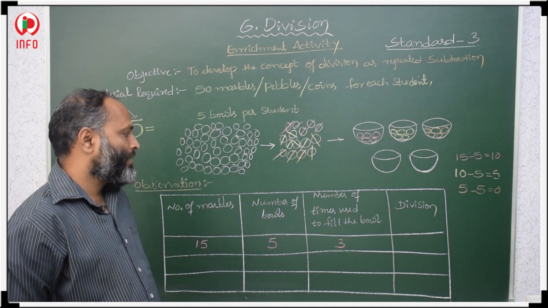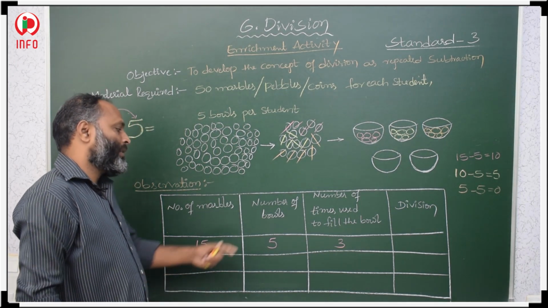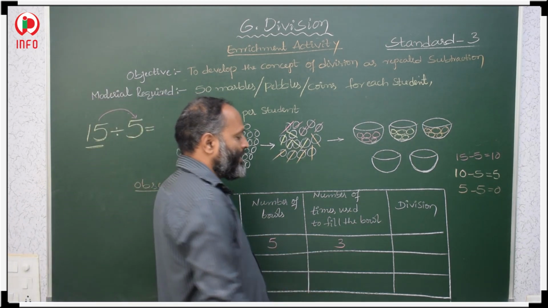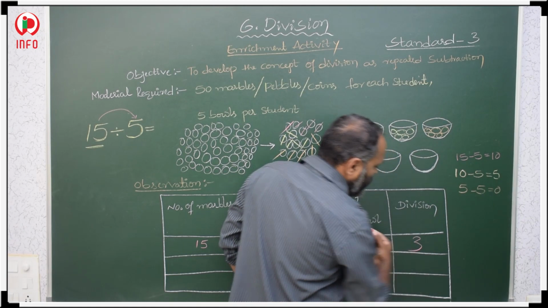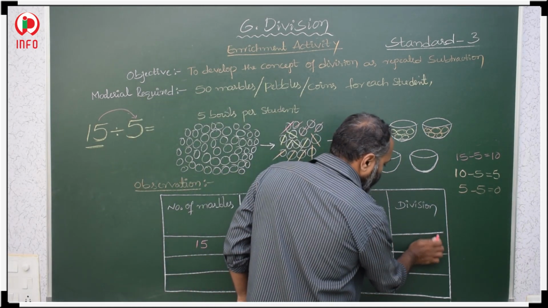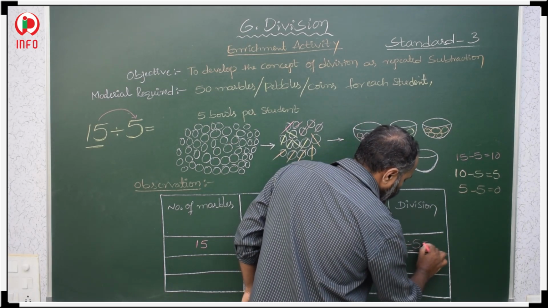How many times did we use? 3 times. So if 15 is divided by 5, then the answer, the division, is 3.